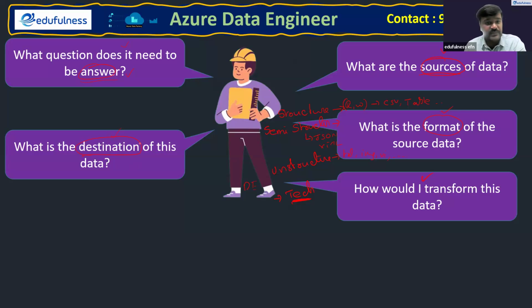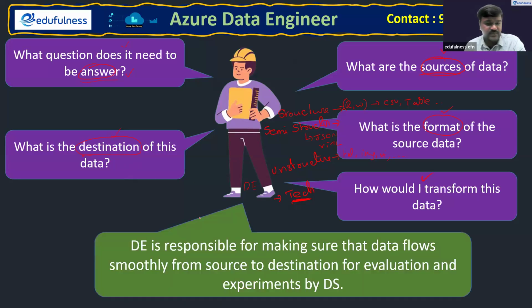These are the basic things you need to keep in mind to get the full clarity on the project and how to develop it. By getting clarity on these things and a few more basic things, the data engineer can develop the pipelines so that data movement happens smoothly from one location to another location.